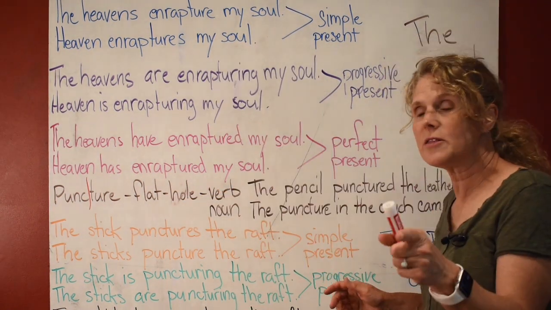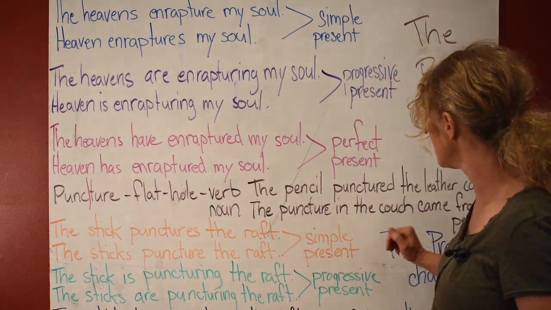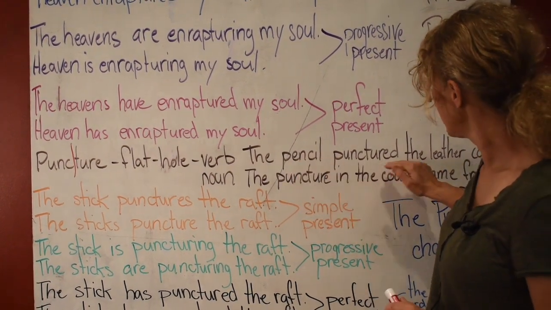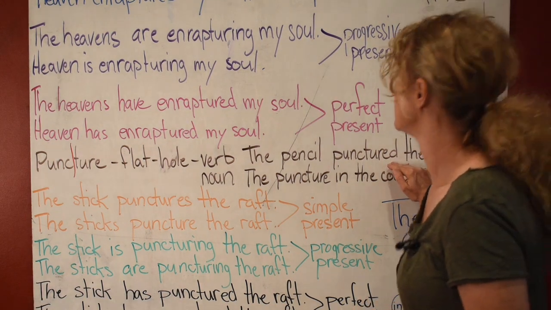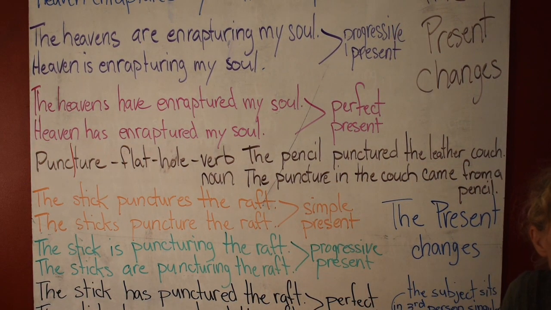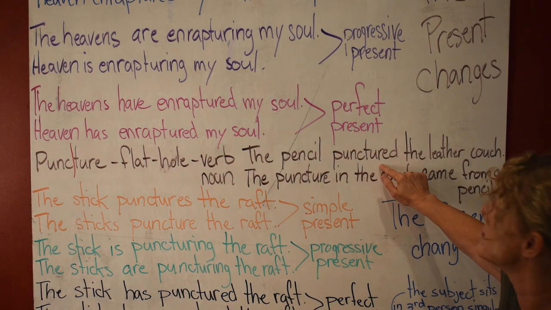Okay, so now look at this as a verb. The pencil punctured the leather couch. So, is this singular or plural? It is singular. This is what kind of tense?